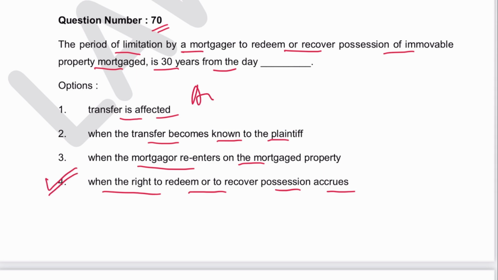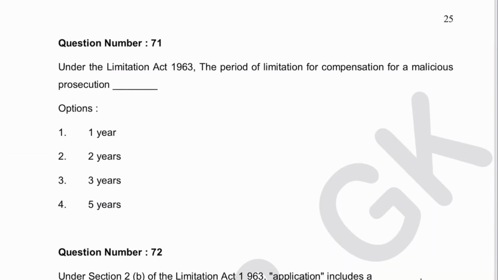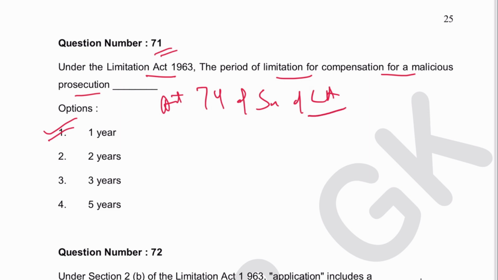And this is mentioned in Article 61A of Schedule of Limitation Act. Next 71. Under Limitation Act, the period of limitation for compensation for a malicious prosecution is 1 year. 1 is the answer, mentioned in Article 74 of Schedule of Limitation Act.